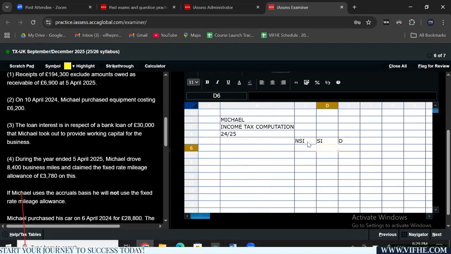The first thing that we know already is the profit, which according to them, whatever is calculated according to accrual basis shall have to be taken into account.